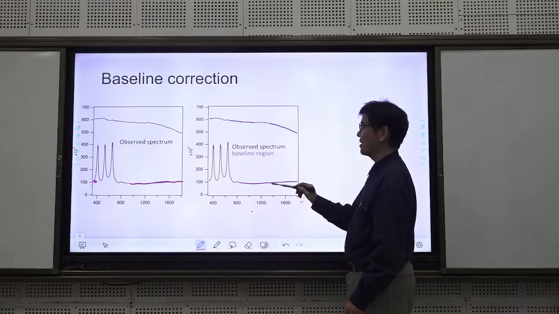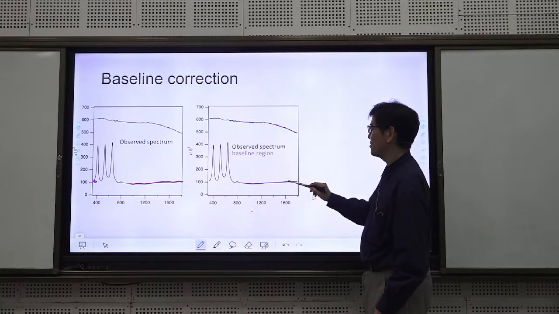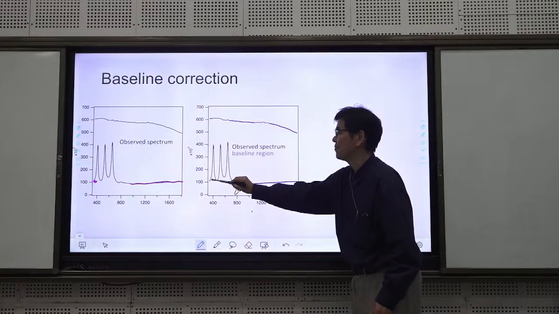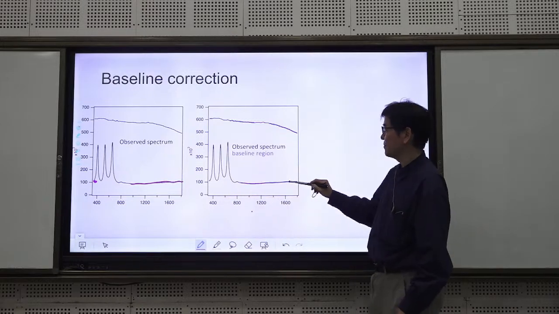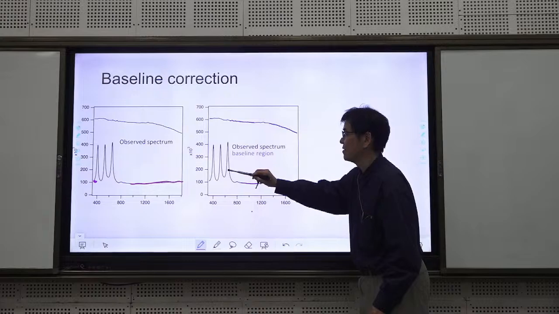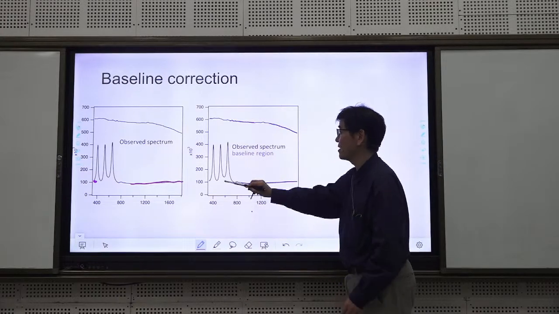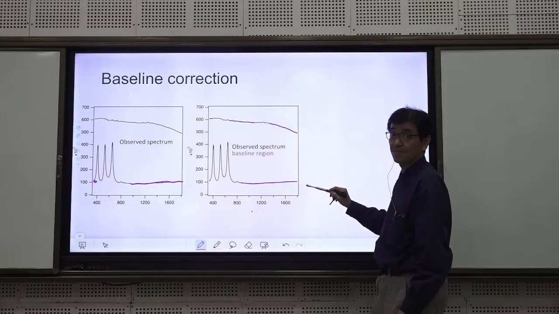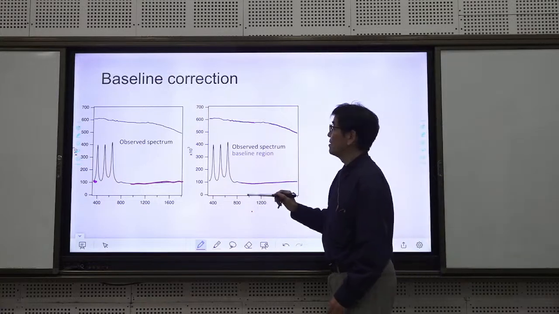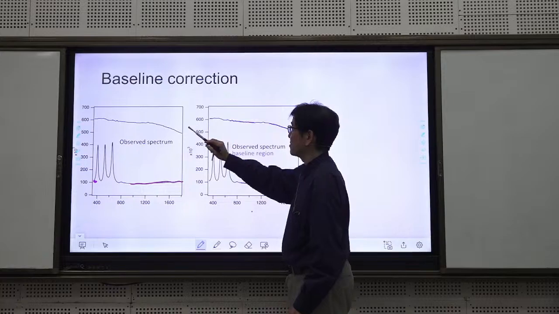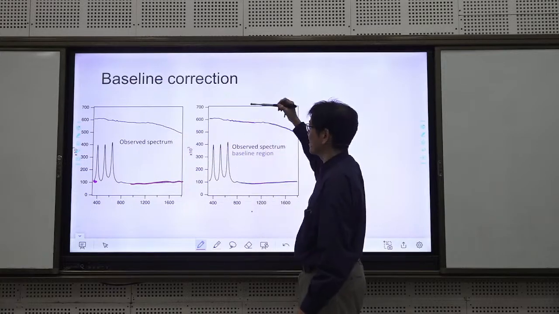So I prepared the blue wave by removing some data points from the raw data and prepared the blue spectrum. This is also the case for worse result.